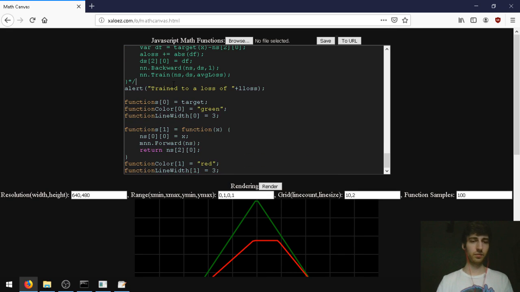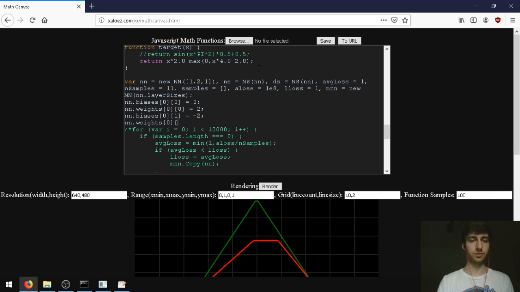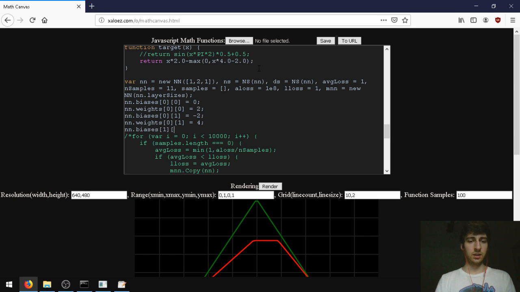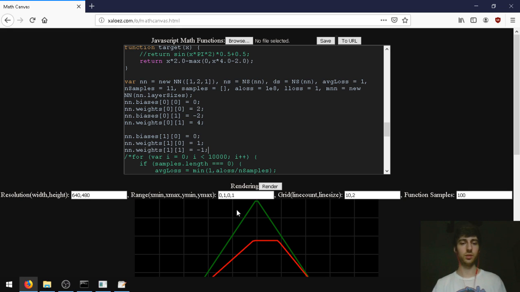Let me just make sure this actually works the way I think it works. So then if we set the other bias to -2 and the weight to 4, and then we want the first bias of the second layer to be 0. We want this first weight to be 1, and we want this second weight to be -1.